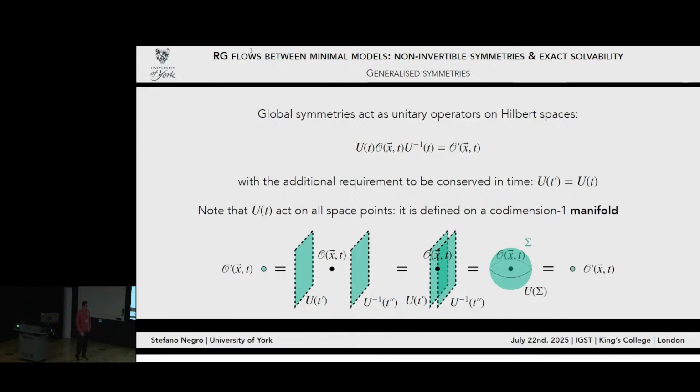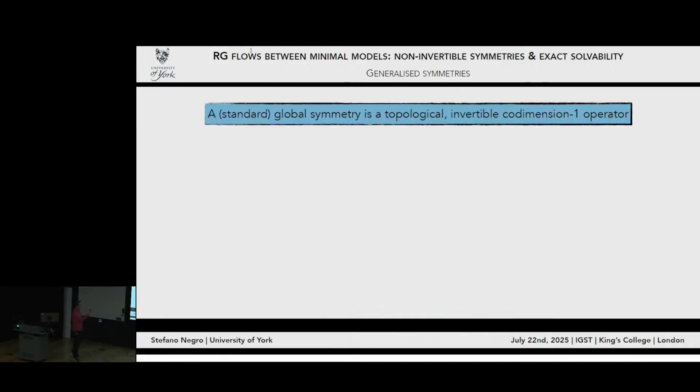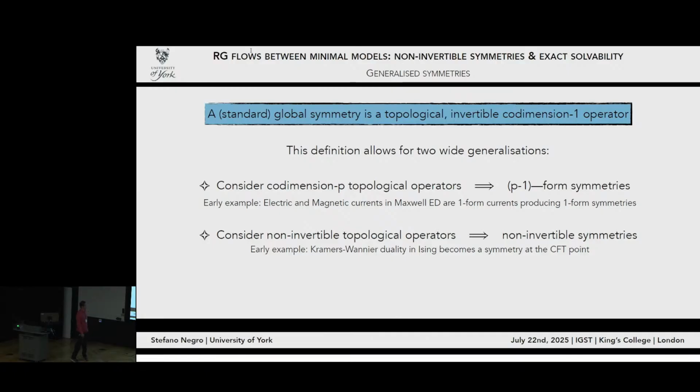They won't change. But now if we take this point of view, and this is meaningful because it reproduces the usual definition of global symmetries, we can actually generalize the definition. So we start from saying the standard global symmetry is topological because I can deform the surface, invertible because there exists an inverse, and a codimension 1 operator. So an operator defined on a codimension 1 surface. But we can think of dropping some of these assumptions, right?